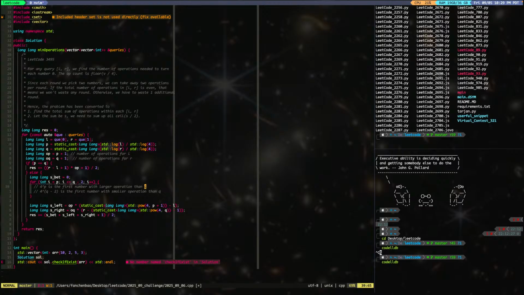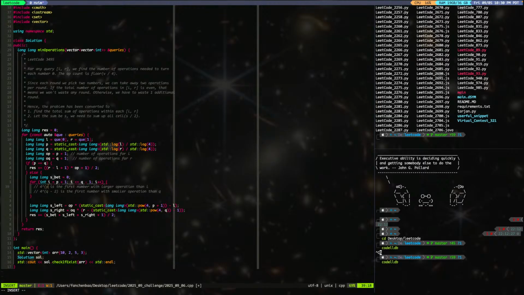Now here, so I need to be P plus 1, this is going to be Q minus 1, and it makes more sense, right? Because those are the power, and then we need to plus 1 power, minus 1 power.